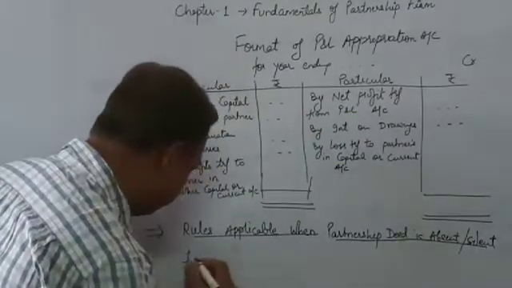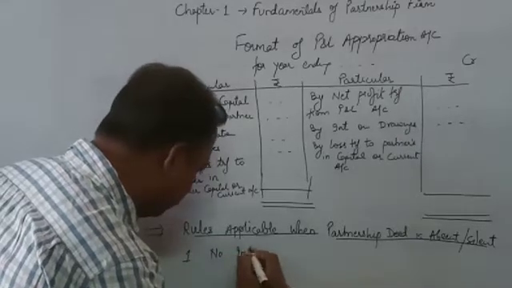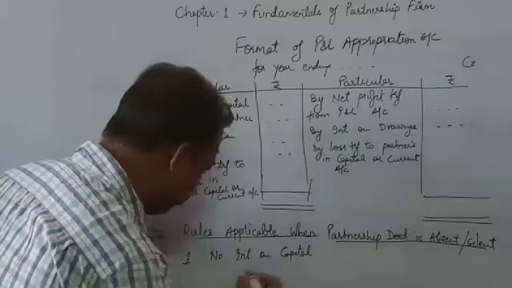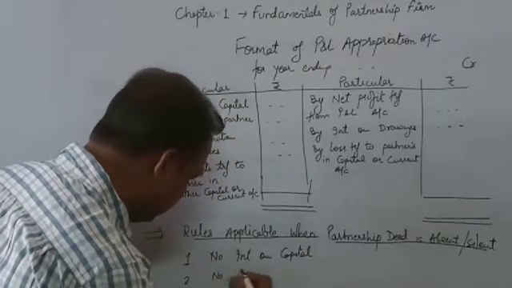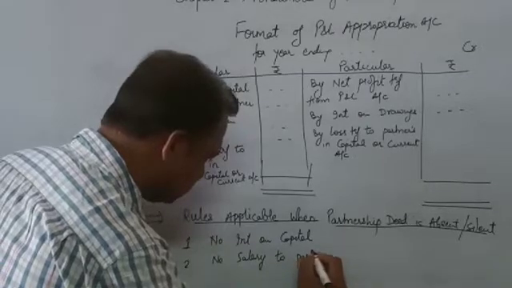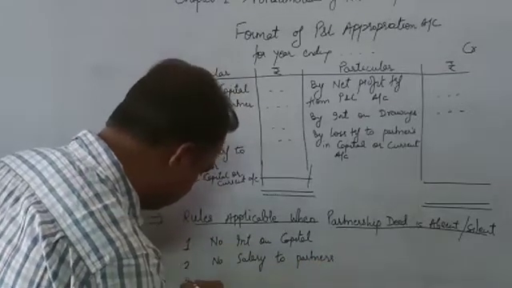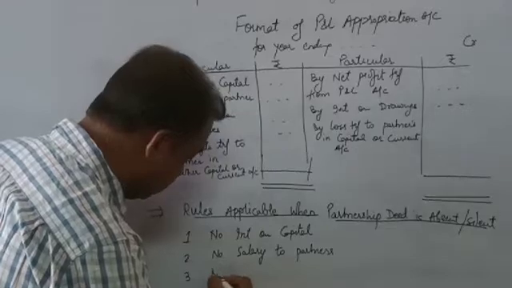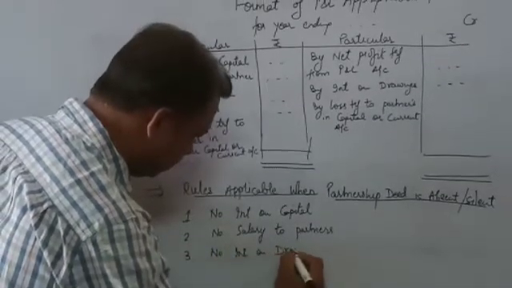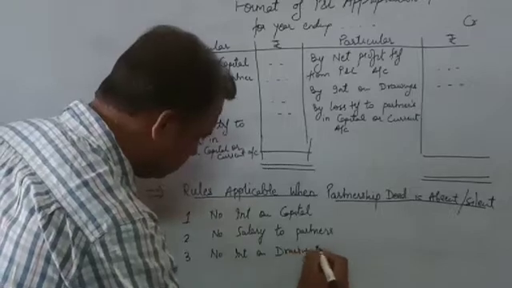First rule will be no interest on capital. Second, no salary to partners. Third, no interest on drawings charged.